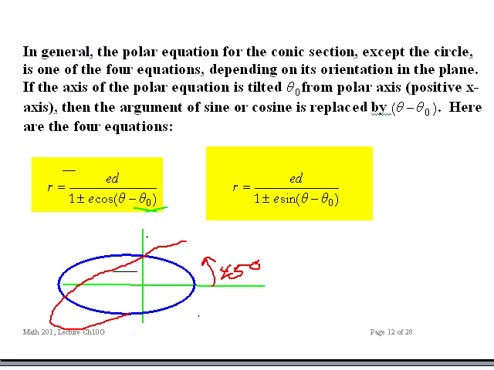Then this ellipse would be oriented so that its major axis is at 45 degrees with respect to the x-axis. And you would have this form of the polar equation with theta naught at 45. Well, actually you should use radians. So theta naught just allows you to turn that conic section off of the major axis.